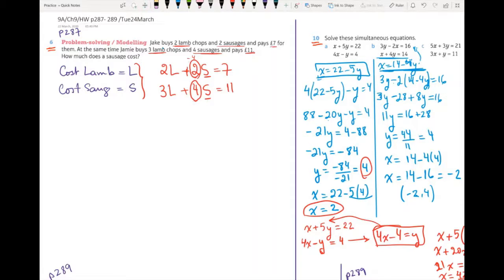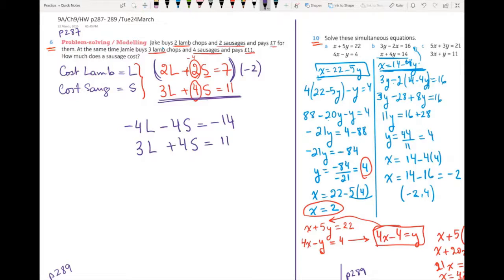So I start by multiplying all of the equation here by minus 2, and this is what we will get. Minus 2 times 2 is minus 4L, and minus 2 times 2 is minus 4S, equals minus 14. And we keep this equation the same: 3L plus 4S is equal to 11.